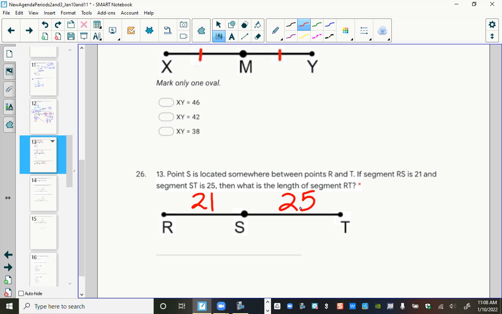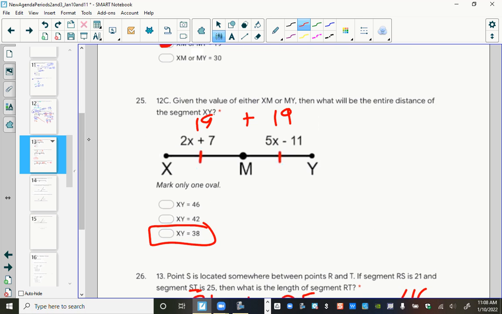Now, are we adding or subtracting to get the missing side? Gotta add them. They gave it to us. You have to look at what's given to you. Remember, both sides were the same, so you gotta add them up.